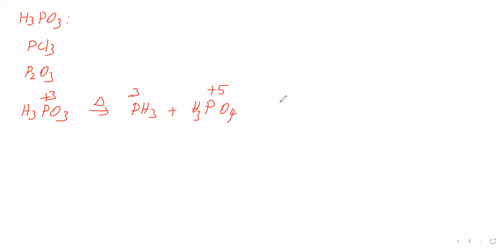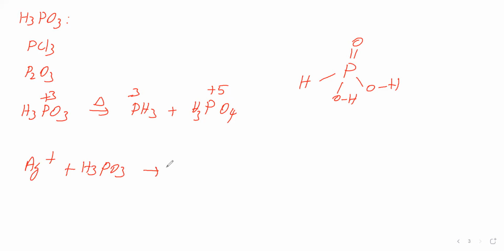Next, we will see the H3PO3 structure. Here reducing hydrogen is present, therefore H3PO3 acts as a reducing agent. It converts Ag+ into Ag.